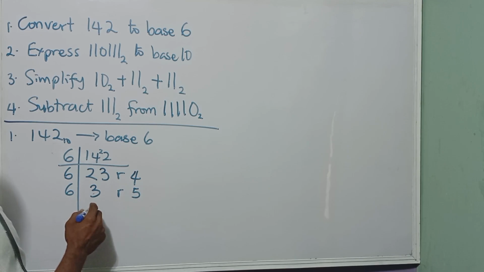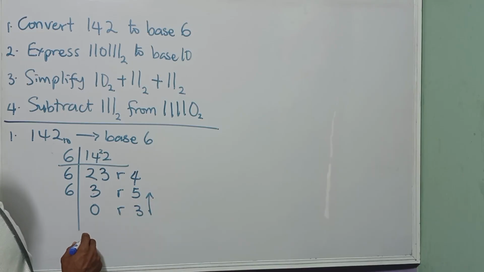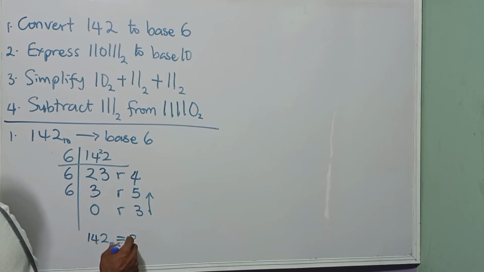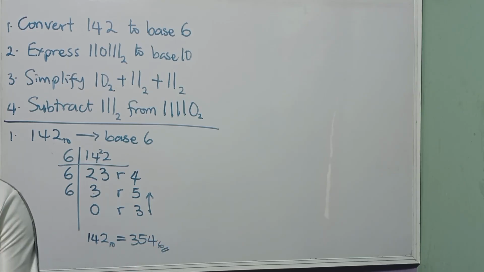Now 6 into 3 will give us 0, remainder 3. Now reading upwards, we have 142 base 10 will give us 354 base 6. So with this, we have it as 354 base 6.